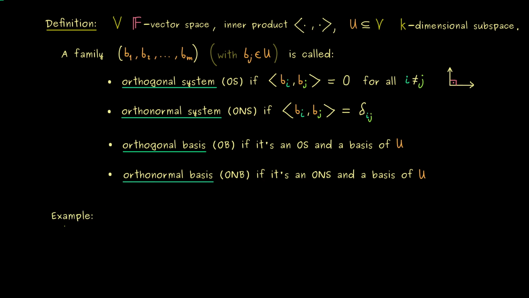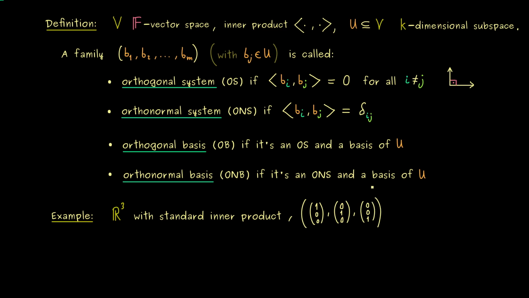And of course, this is the standard example we should mention here. And maybe let's keep it at 3 dimensions, because then it's easier to write down. There you also know the standard basis, the canonical unit vectors form a basis. And now it should not be a surprise for you, with respect to the standard inner product, this is an ONB of R^3. And you might remember, in R^3 it's easy to calculate with this basis because it's an ONB.